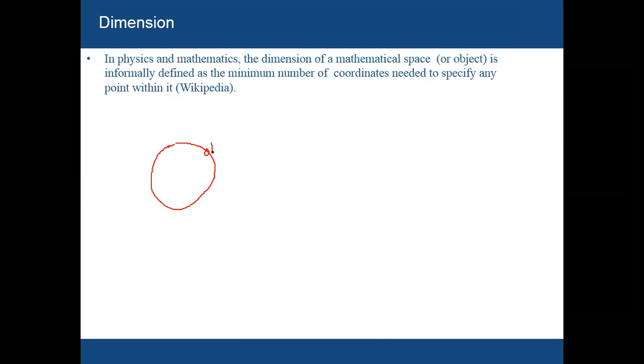We have point number 1 here, point number 2. So the minimum number of coordinates, the minimum set of numbers needed to specify the location of a point, is called the dimension of a system.